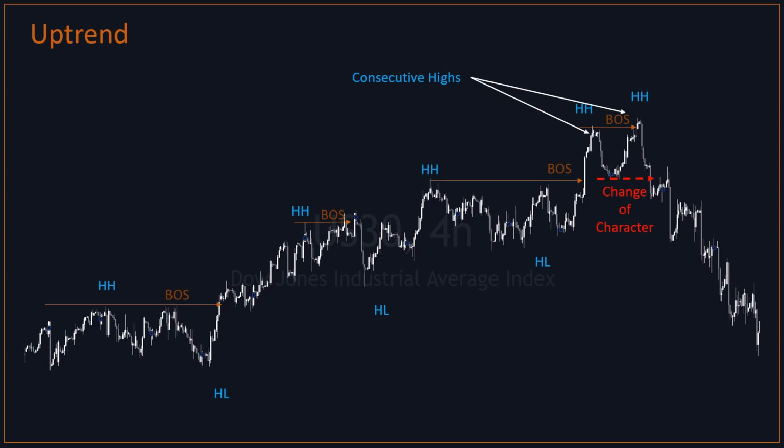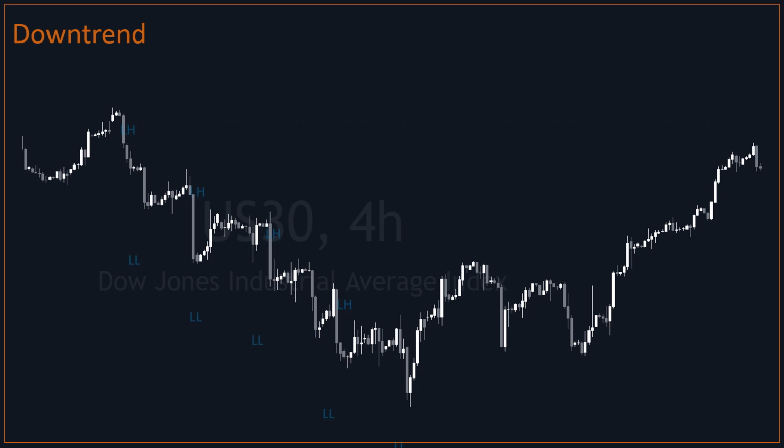So these are two consecutive highs, and therefore the low between them is our change of character. When price goes below this area right here, it gives us a change of character, and from there we see that the market retraced just a bit and then started dropping. All right, so let us continue.